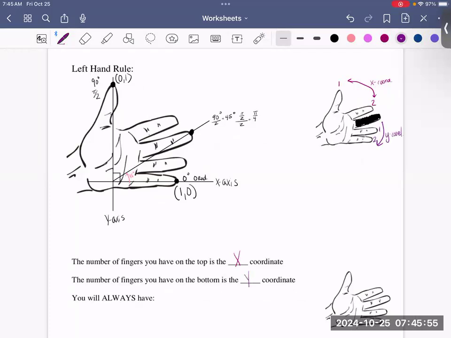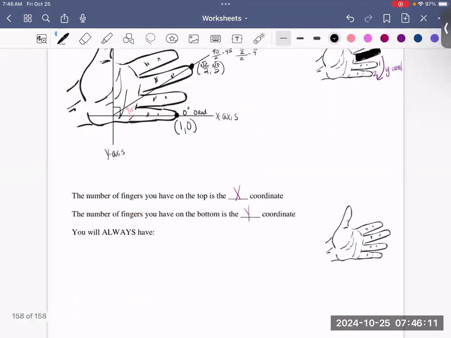Now, how does this apply? Because we know, hopefully, that pi over 4 has the point root 2 over 2, root 2 over 2. So how do we get to that point? Well, you will always have the square root of some number over 2. This is always the case. The number inside the root is the number of fingers that you have left over.